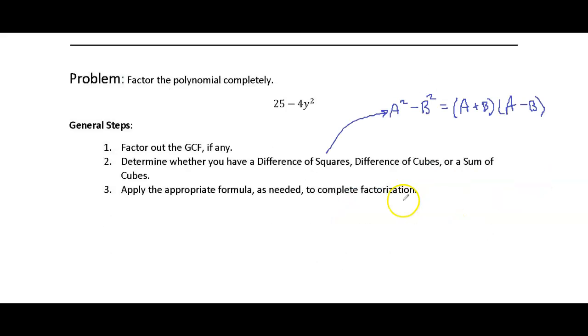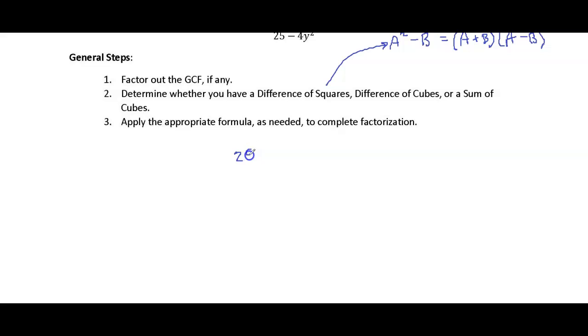So let's start there. With 25 minus 4y squared, let's see if these expressions can be rewritten as something to the second power. Well, let's think about 25. 25 is 5 squared.